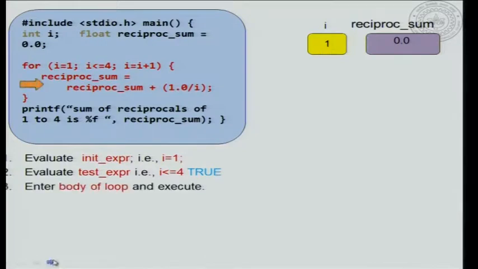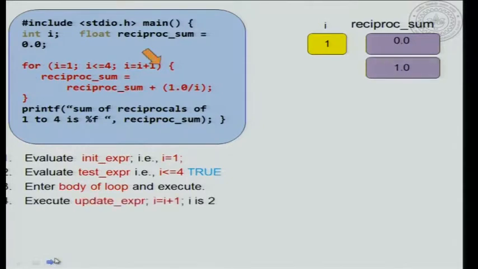So you will enter the for loop. Then you add to the reciprocal sum 1 over I. Okay. I is 1, so 1 over 1 is 1. So reciprocal sum will be updated to reciprocal sum plus 1. Okay. So reciprocal sum would be 1.